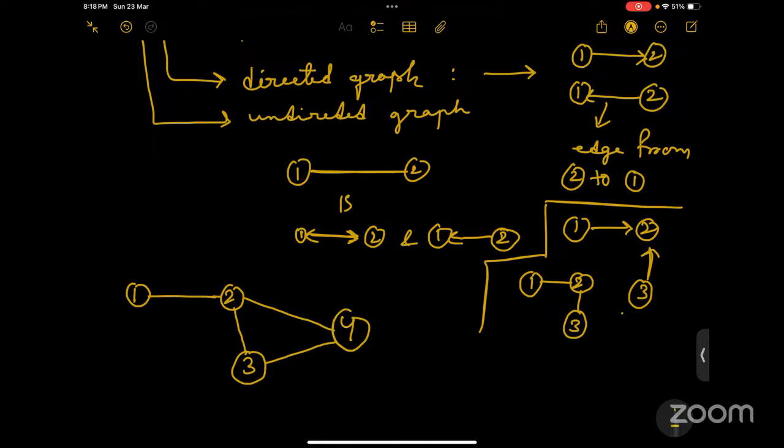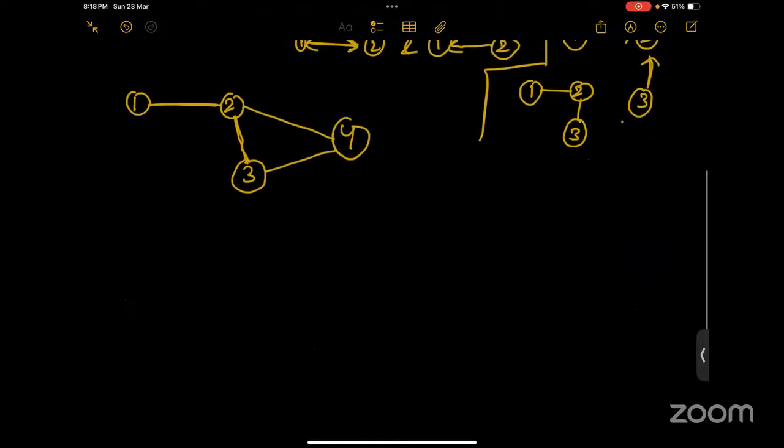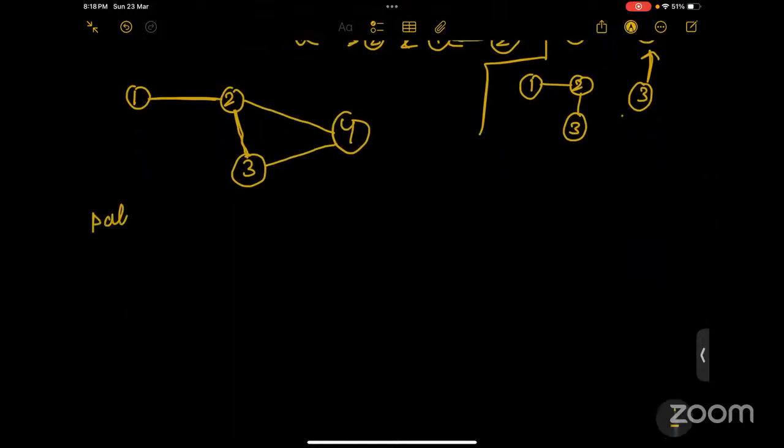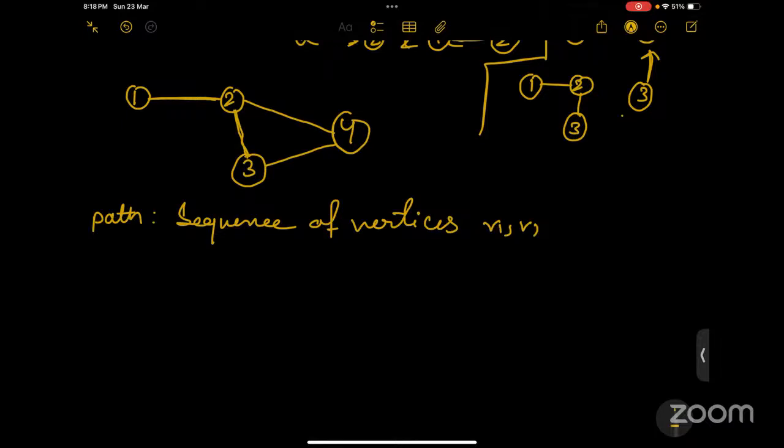You can see there is no direct path from 1 to 3, but I can go 1 to 2, then 2 to 3, right? In this way, we can define a path. So what is the definition of path? We can denote it as a sequence of vertices V1, V2, up to Vk connected by edges, right?